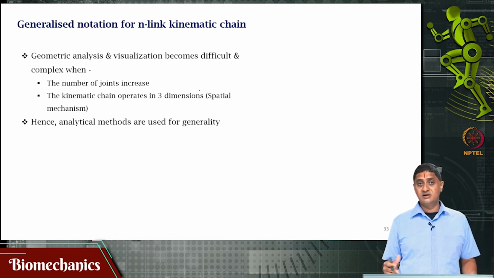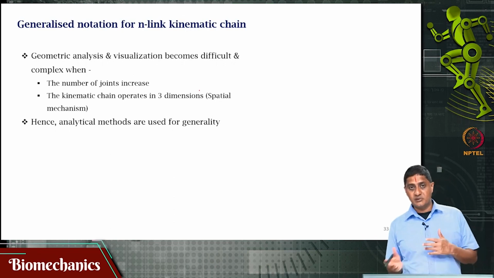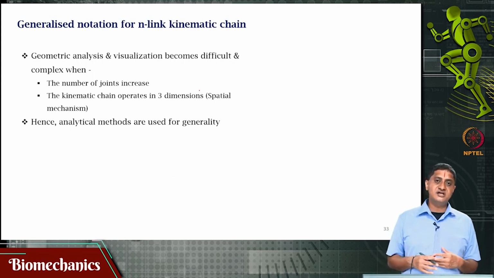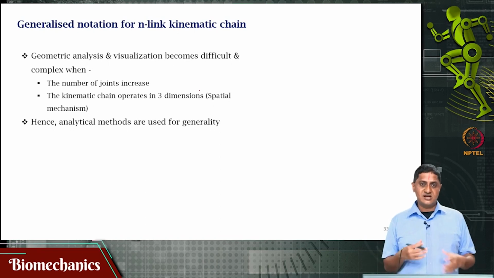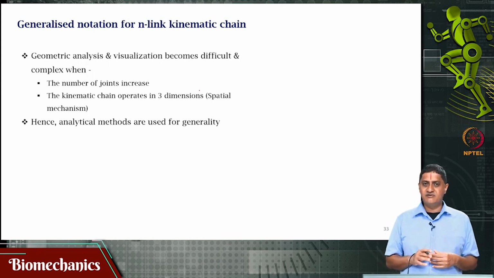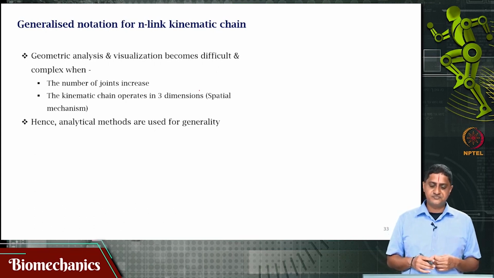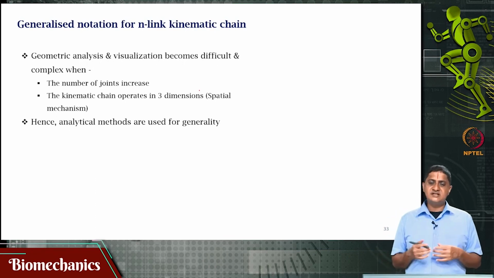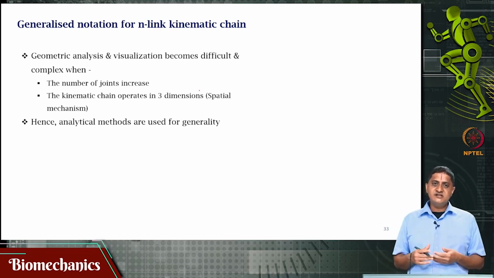This constraint can be a physical geometrical constraint that a particular link cannot go beyond a particular point, or this constraint can be such that movement in a particular joint is somehow linked to movement in a different joint. You need some constraints like that to be able to uniquely solve for the inverse kinematics equation. And this complexity keeps on increasing as the number of links increases.